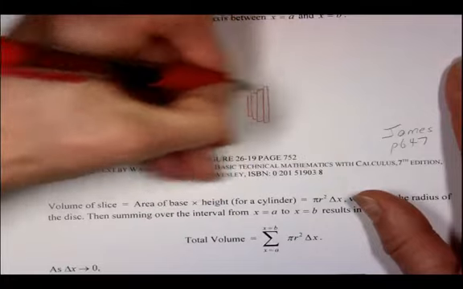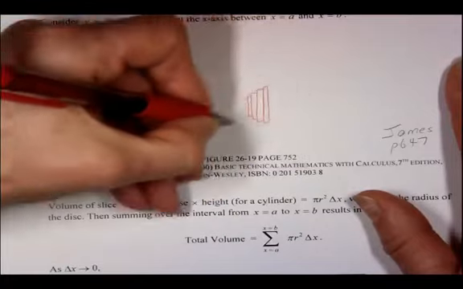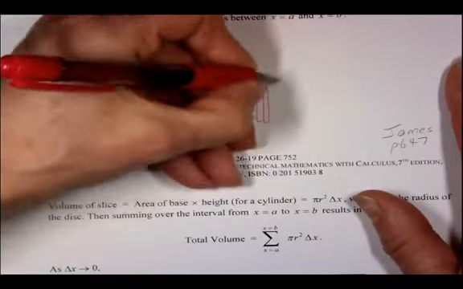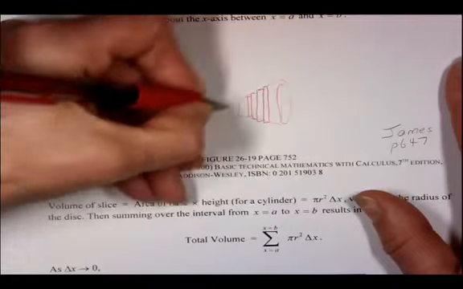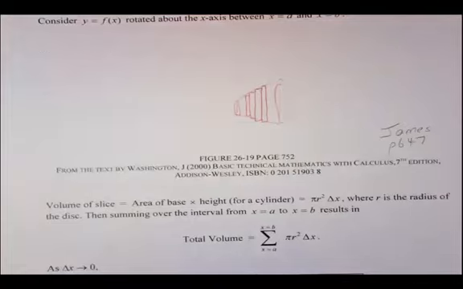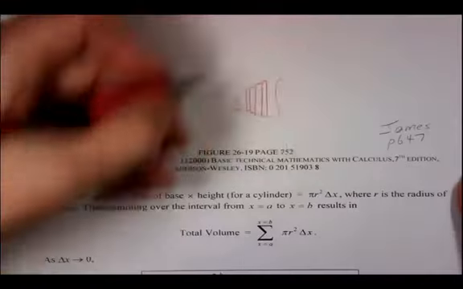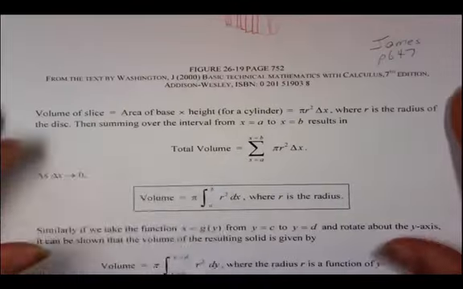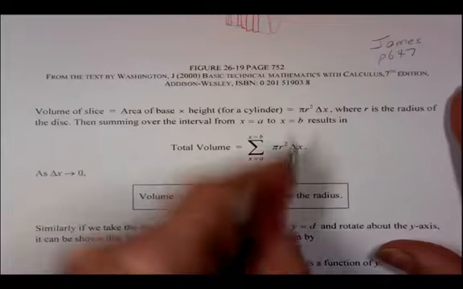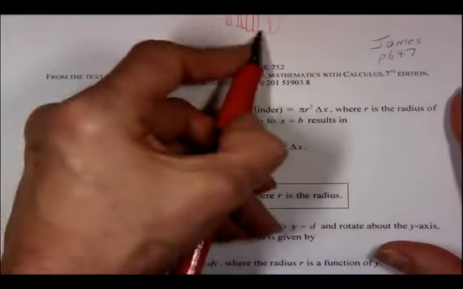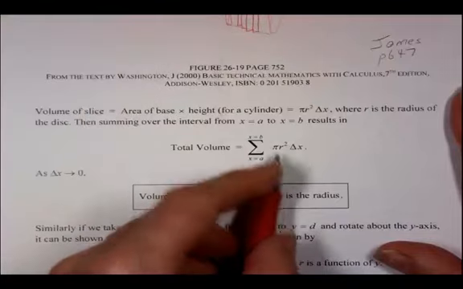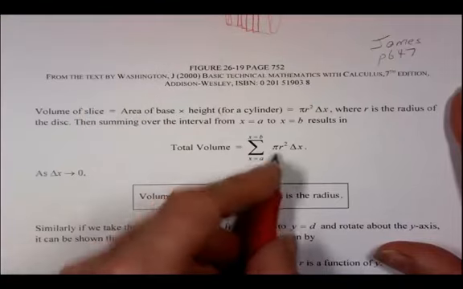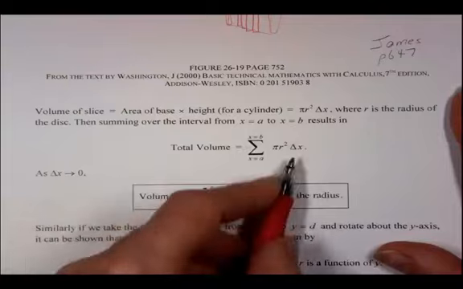Oh dear, this is bad, isn't it? Okay, that's quite bad, but you've got each of these little discs, and each of them has volume delta x, which is their width, times the area of the base, which is pi r squared. And if you sum them up, you get a reasonable approximation to volume.